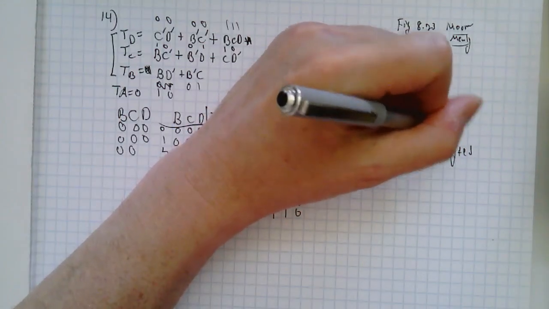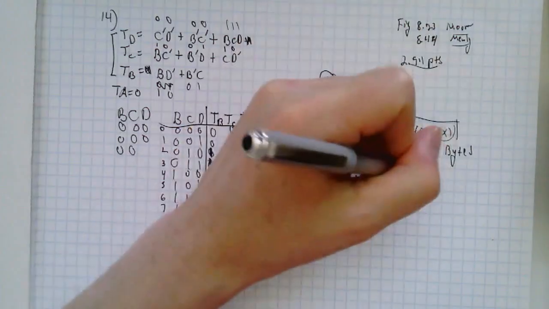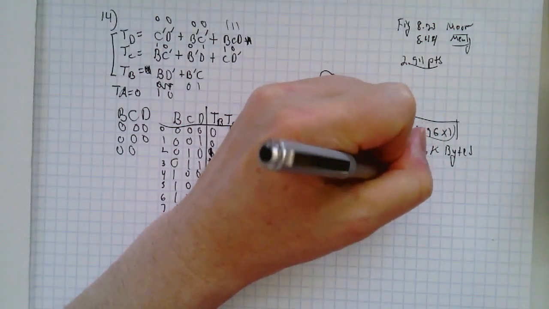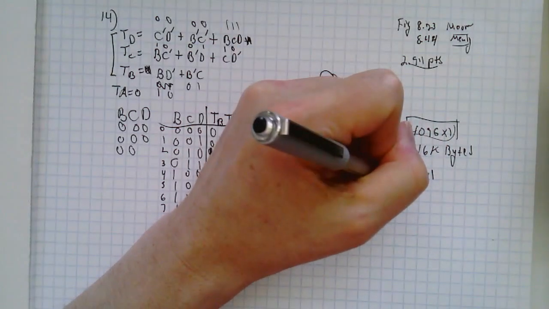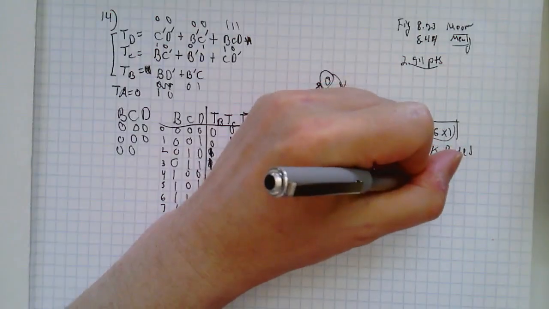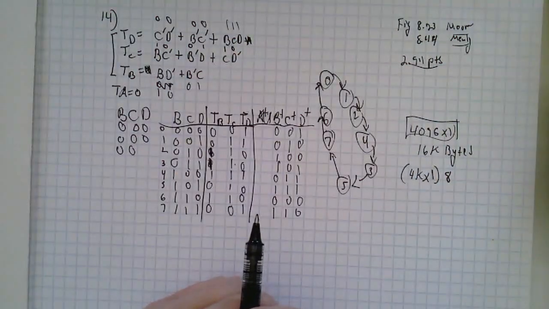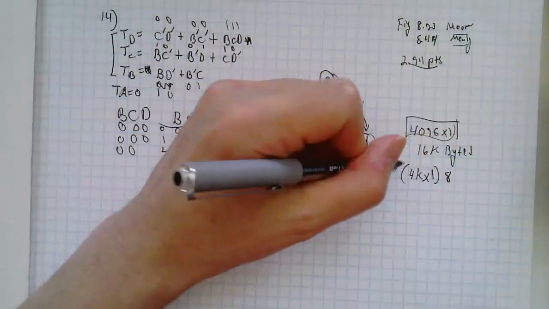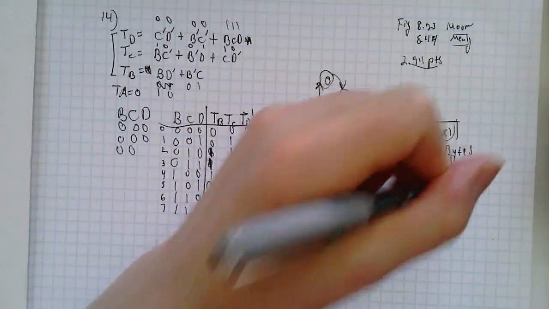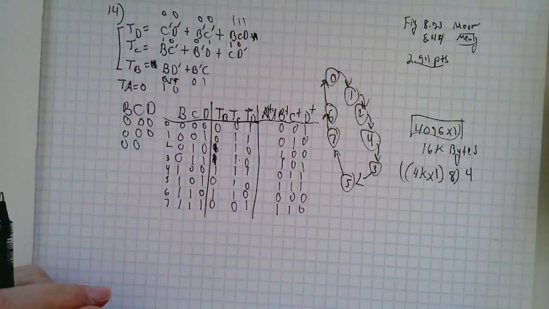So if each chip is 4K by 1, I need 8 to get 4K bytes. And then I need another 4 to get 16K bytes. So I'm going to need 32 of these chips.